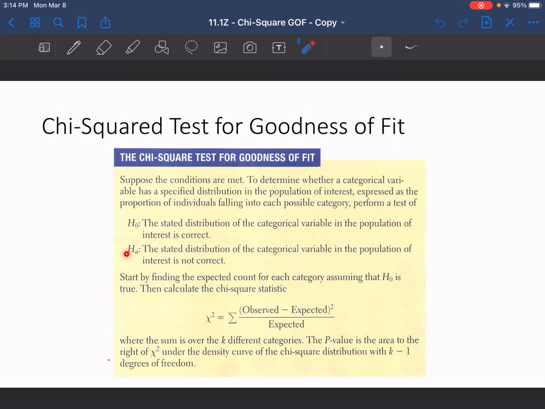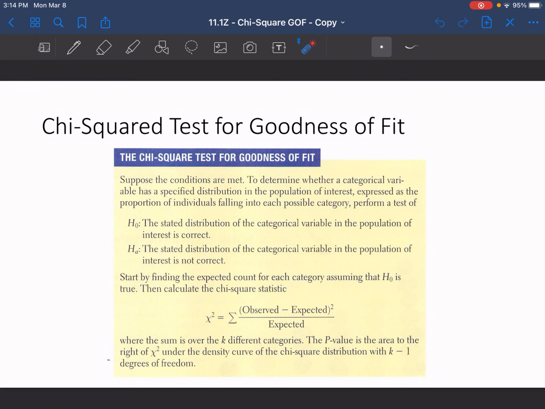So our null and alternative hypotheses are going to look a little different for these chi-squared tests. They're not going to be quite as simple or easy to comprehend as they have been for significance tests. They are going to be a little more wordy in this case.